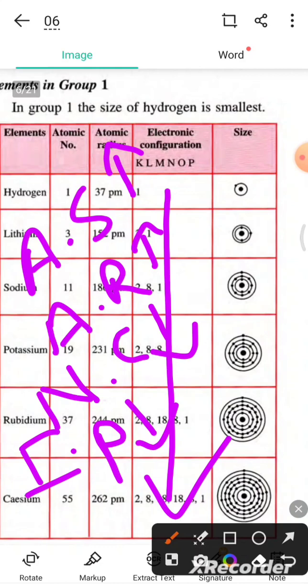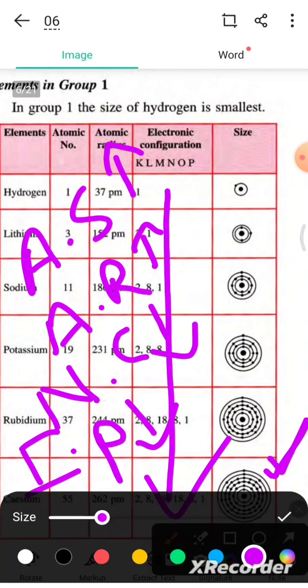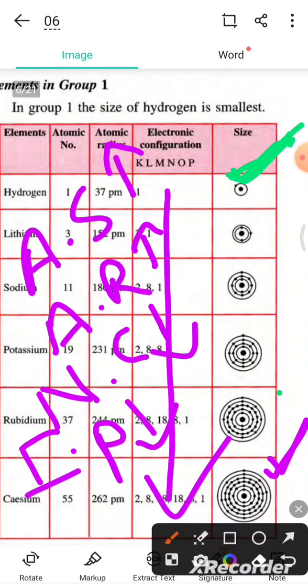That means with less energy, with less effort, the electron can be removed. But at the top we need more ionization potential to remove the electron. As you can see, the atomic size is too less and atomic radius is also less.